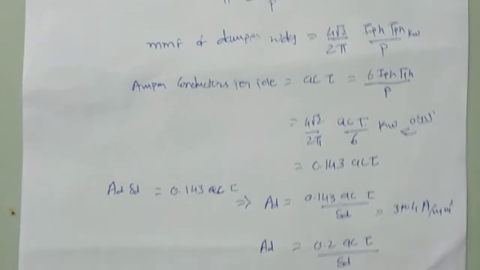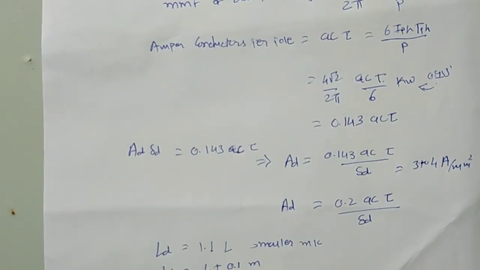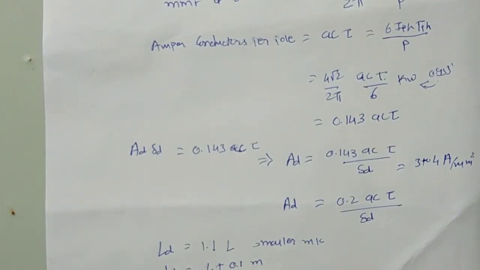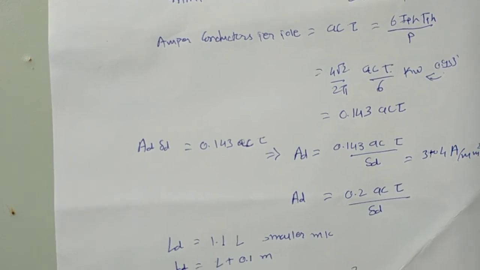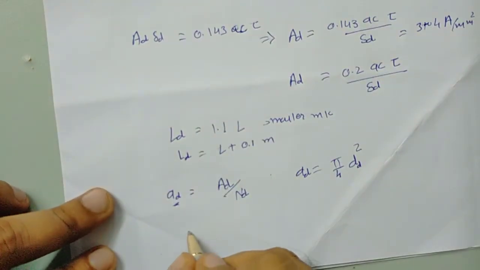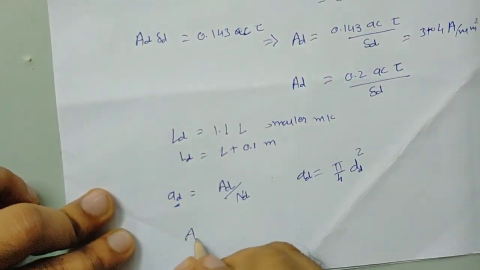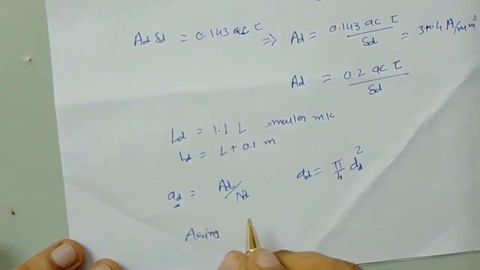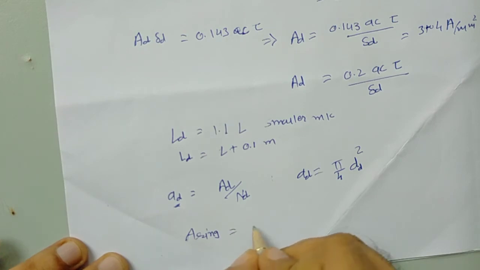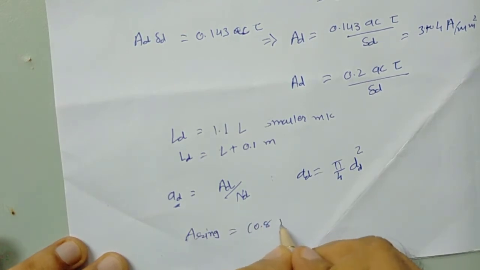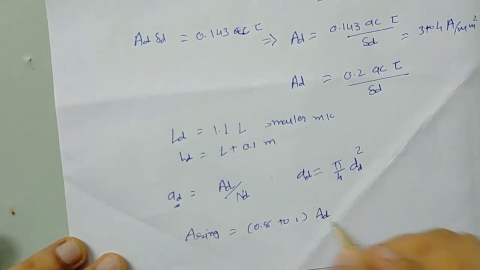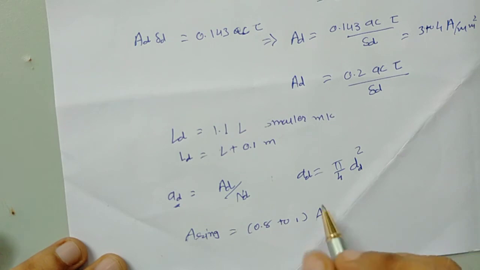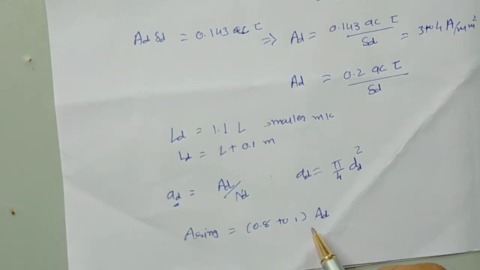So the area of each ring has a direct relationship with the area of the damper bars, and that is given by, let us say, A ring is the area of each ring. Then it is 0.8 to 1 times AD. It can be similar, or mostly it is taken as 80% of the total area.